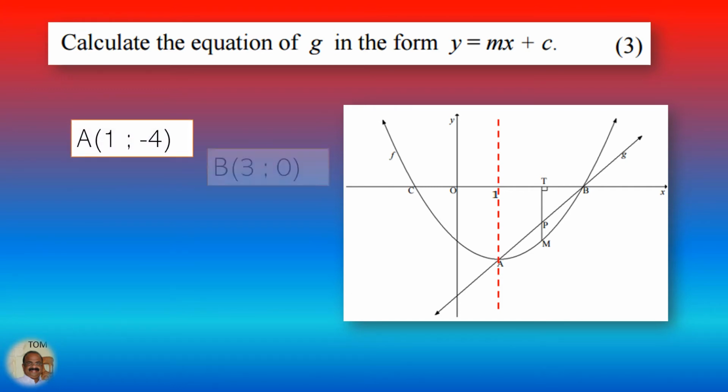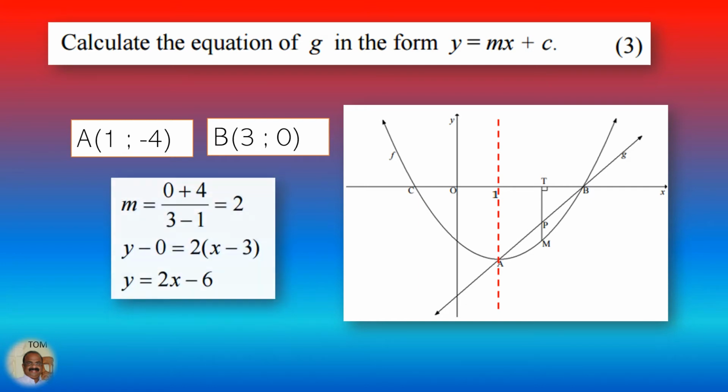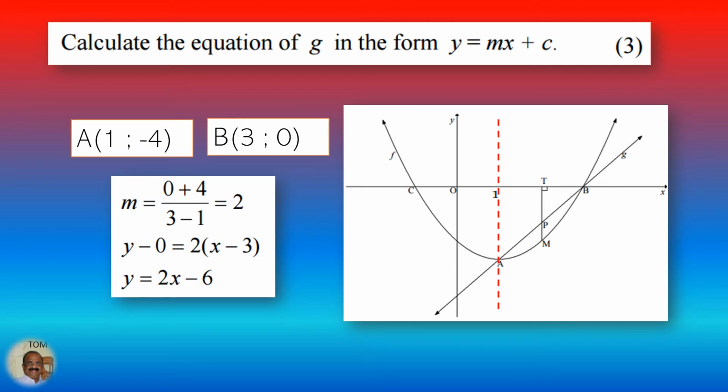Since we have A and B, it's easy to calculate the gradient of the straight line using the formula for gradient, m equal to (y2 minus y1) over (x2 minus x1). So we use that formula here. m equal to 0 plus 4, because minus of minus 4 is plus 4. Be careful. 3 minus 1 in the denominator. And we get 2. Use the calculators.